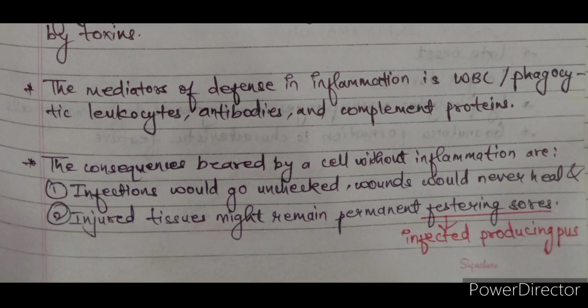The consequences borne by a cell without inflammation are: number 1, infections would go unchecked, wounds will never heal, and secondly, injured tissues might remain as permanent festering sores, that is infected, producing pus.